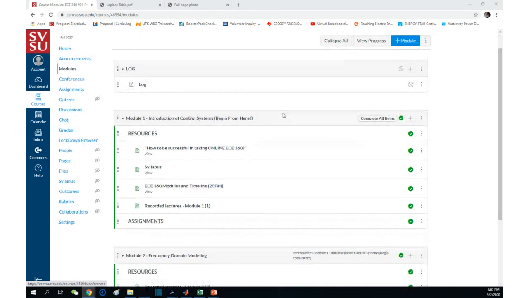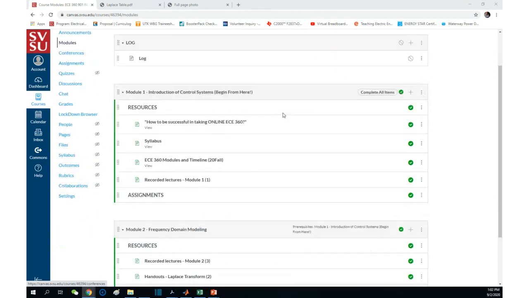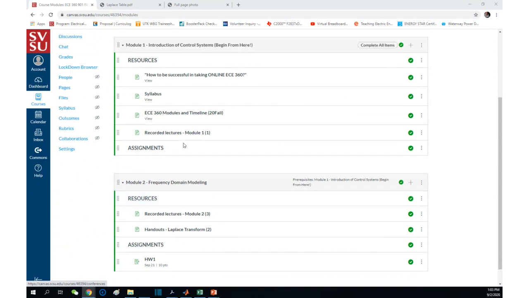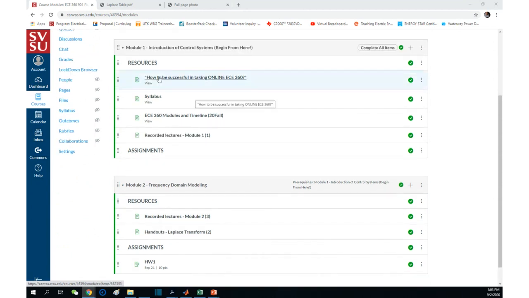I'm sharing my screen here. These are the modules in the Canvas. We are now in module 2, and a little bit about this module issue. You should be able to access the materials in module 2 if you have read through these 3 documents in module 1. Module 2 is locked until you finish the prerequisite, which is the module 1 material.